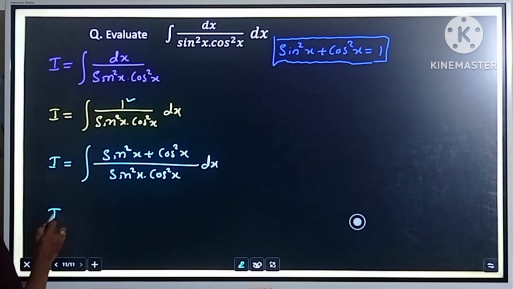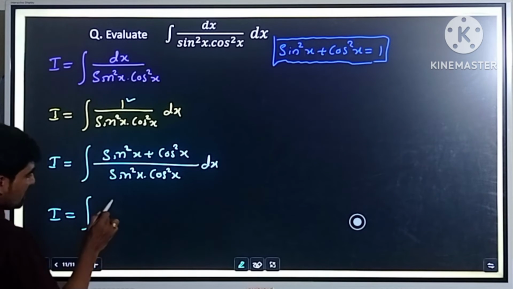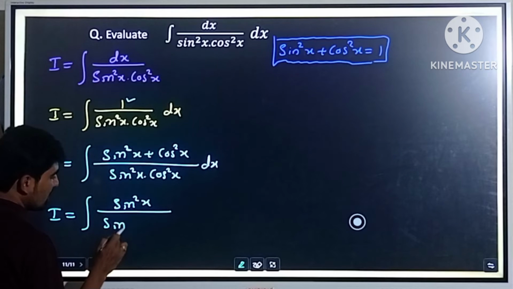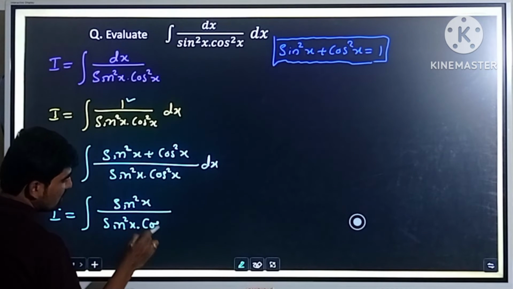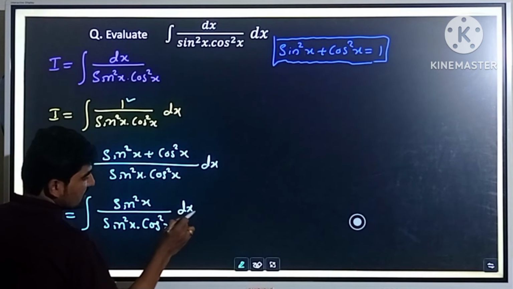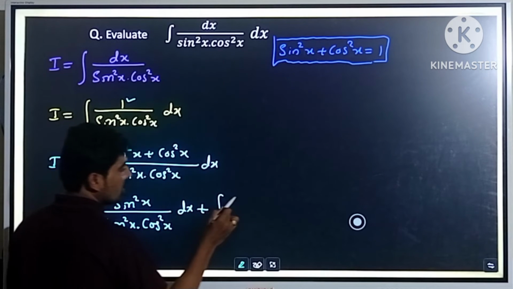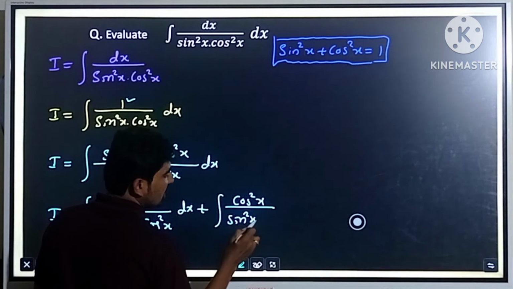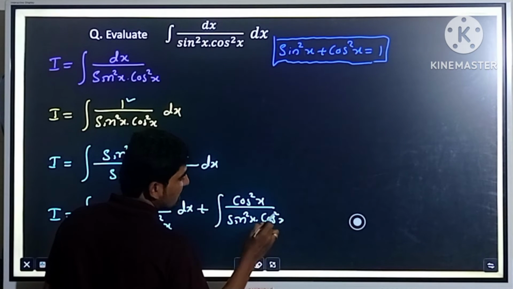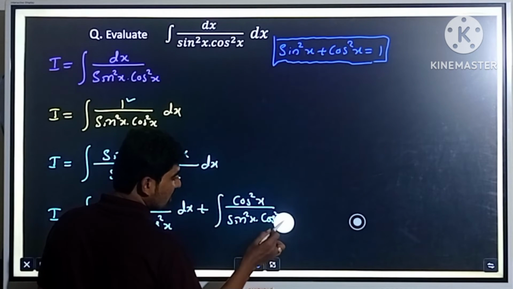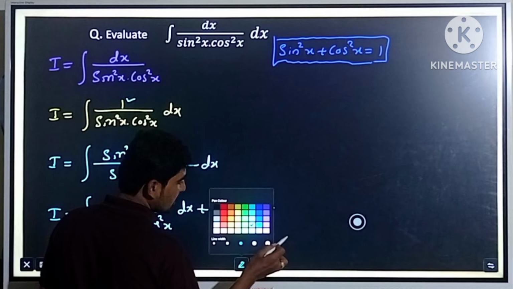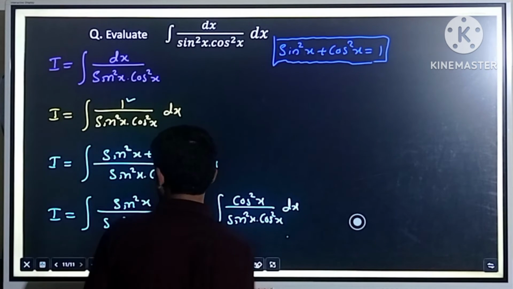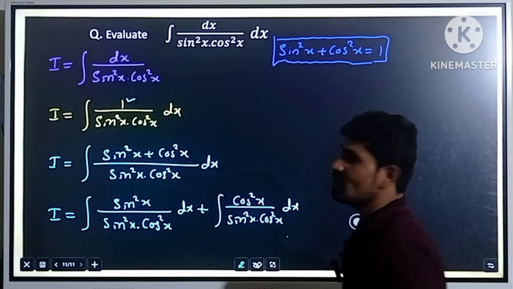Now see here, I can be expressed as integration of sin square x divided by sin square x into cos square x dx plus integration of cos square x divided by sin square x into cos square x dx. So I just separate the numerator.